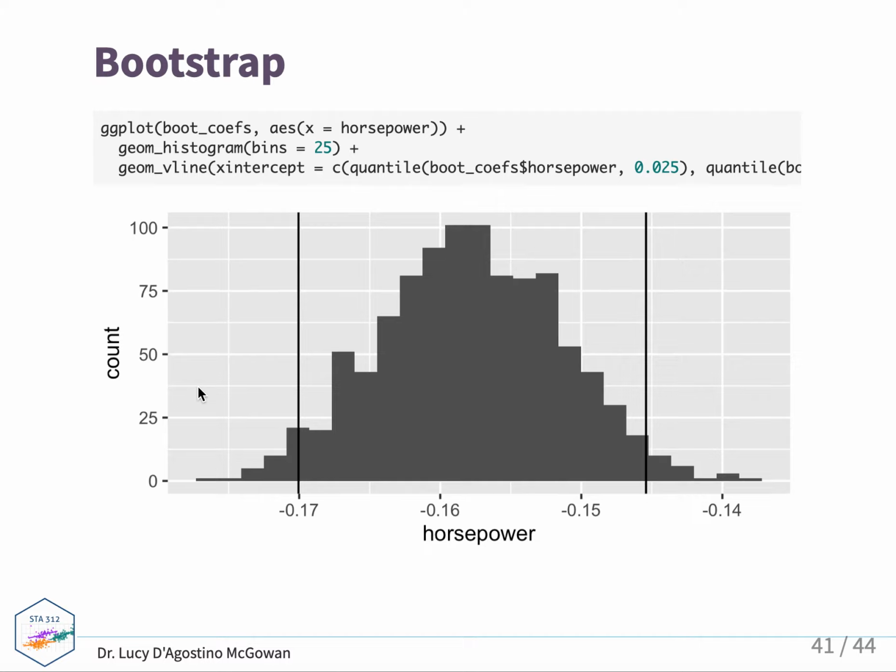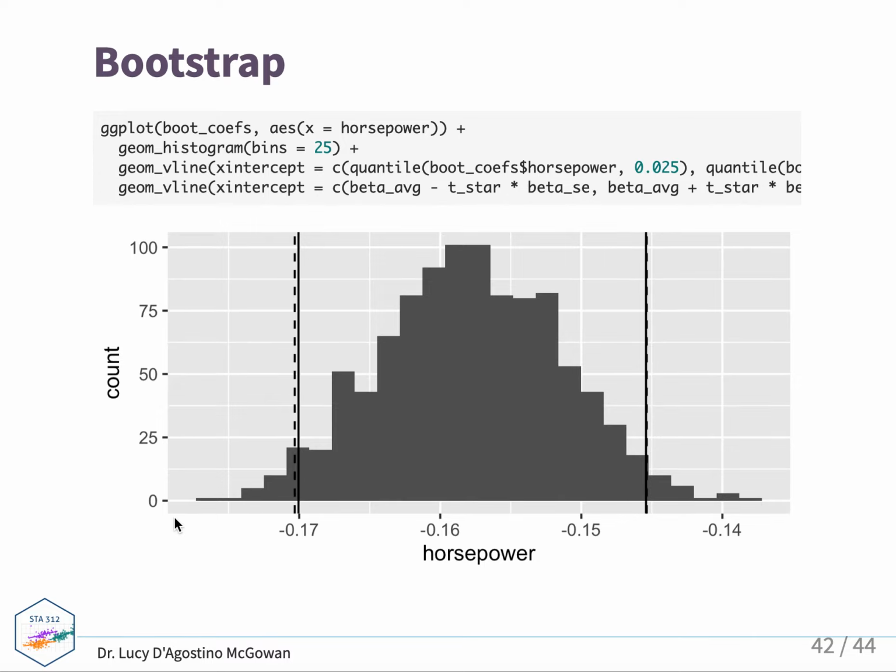Let me just draw all of those together so you can see how they all compare. Here I've drawn the percentile bootstrap, that's the solid line, over our distribution of potential coefficients from our bootstrapped model. These dashed lines here are the standard error method.